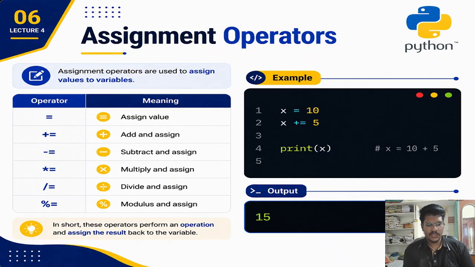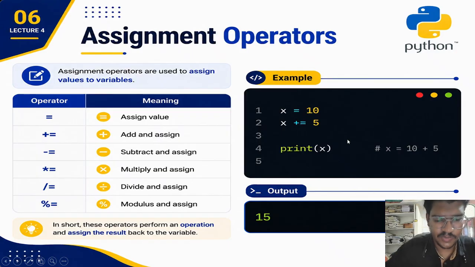Next is percentage equal to, which is modulus and assign. The next is double slash equal to, which is floor division and assign. Not on the slide, but it exists and is useful. The next is double star equal to, which is exponent and assign, which also exists.